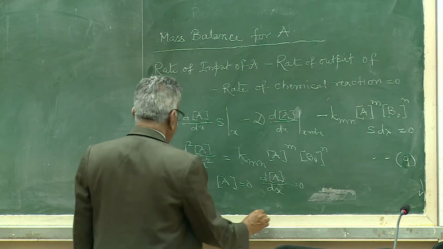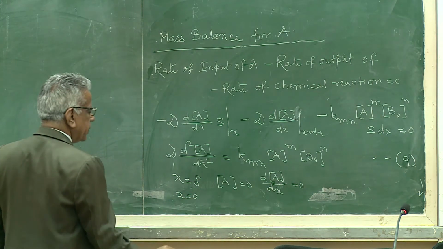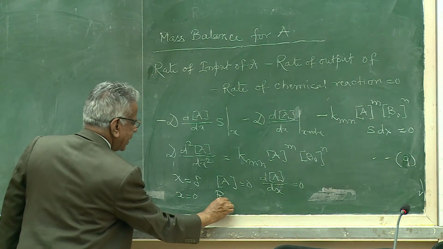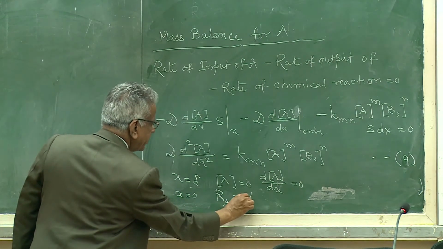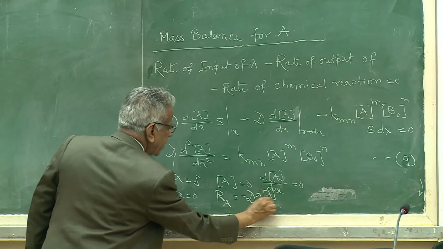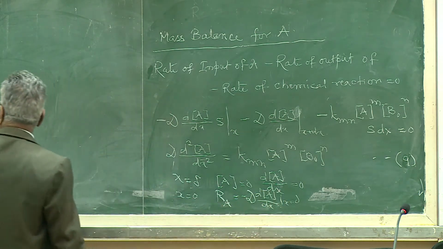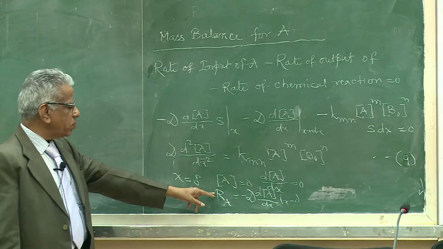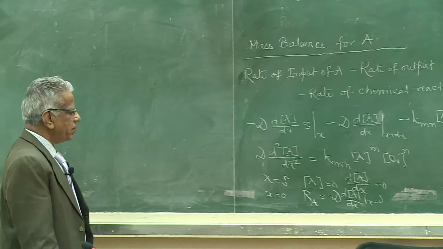And at x is equal to 0, the specific rate, kilomoles per meter square per second, is minus diffusivity times dA by dx at x is equal to 0. So, when Fick's law is applied at x is equal to 0, whatever flux happens, that is kilomoles per meter square second, multiplied by interfacial area gives kilomoles per meter cube second.